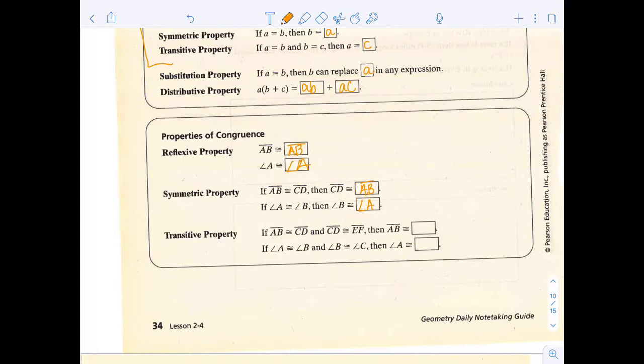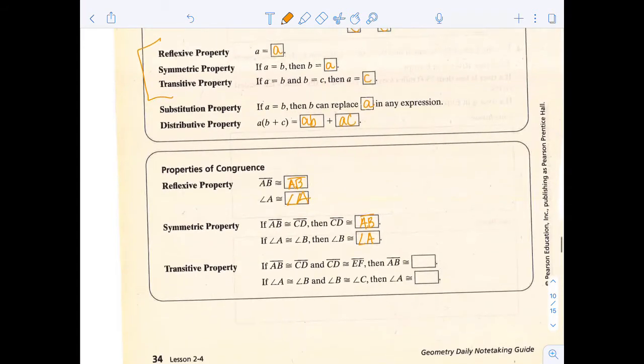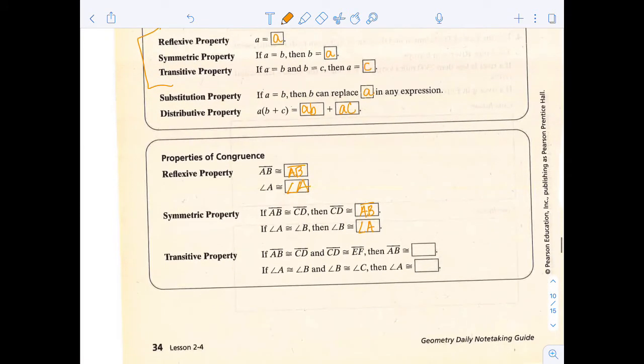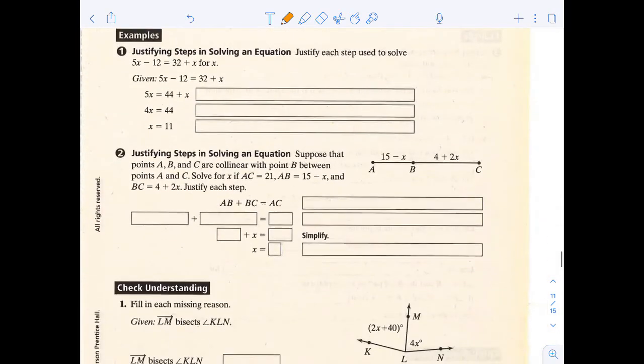The transitive property says if line AB is congruent to line CD, and line CD is congruent to line EF, again we can cut out the middle, and say line AB is congruent to line EF. Same with angles. If angle A is congruent to angle B and angle B is congruent to angle C, then angle A is congruent to angle C. Okay, so now that we've got all these concepts down, let's try some examples.